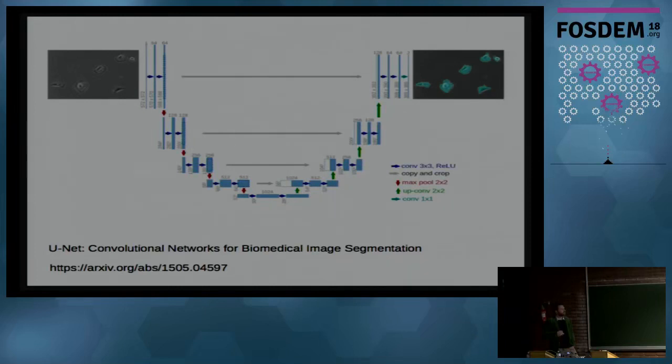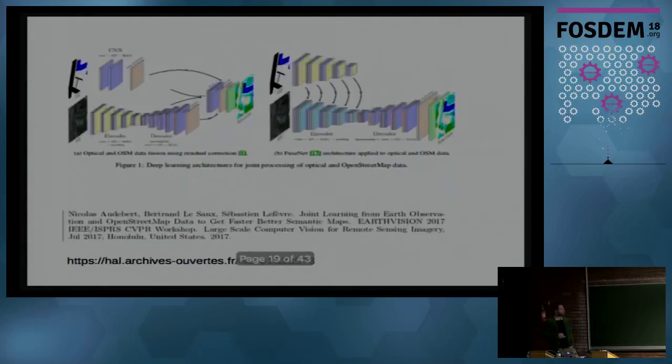So by convolution, we progressively abstract the information, and then once we perform the convolution, we do the same in the reverse way to get the same kind of resolution as an output, but here there are a lot of pixel values, and here there is only the pixel related to the different places. So we get the same resolution between the input and the output images, but with fewer places.